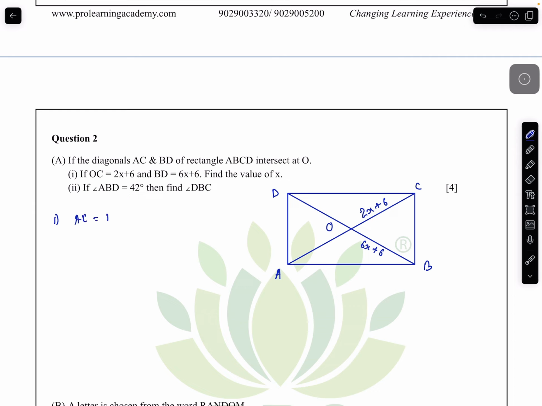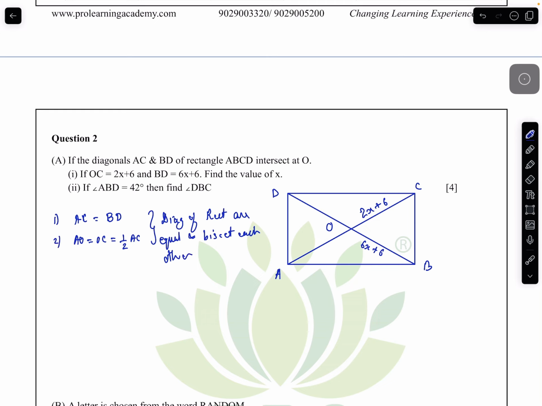AC is equal to BD. AO and OC are each half of AC. For both of these, the same property applies: diagonals of a rectangle are equal and bisect each other.